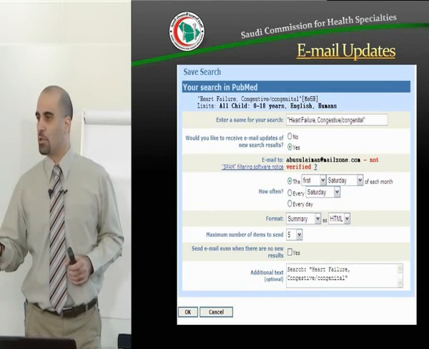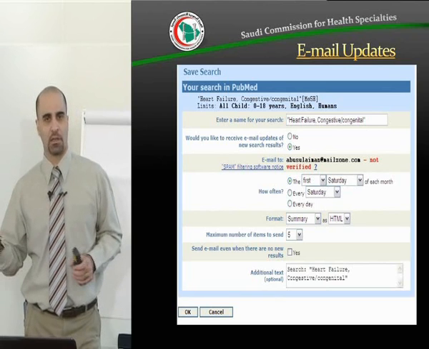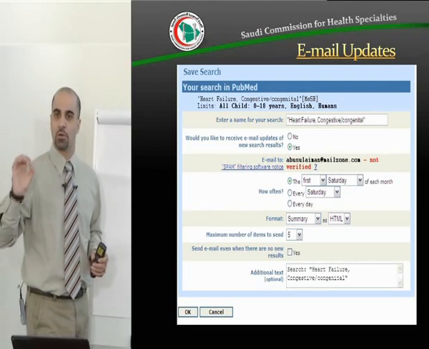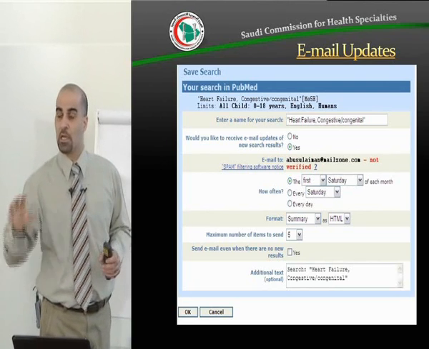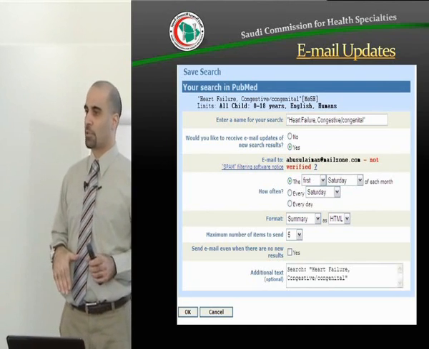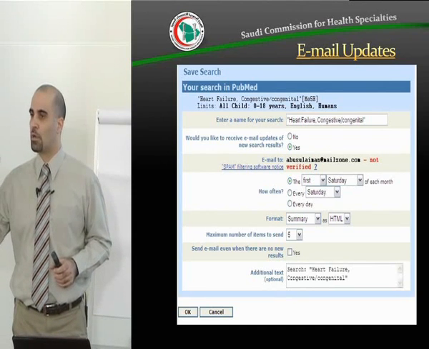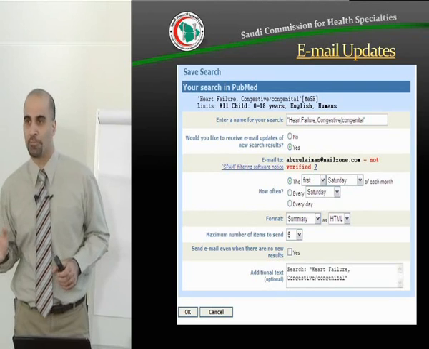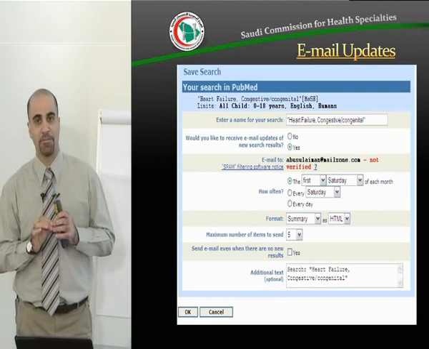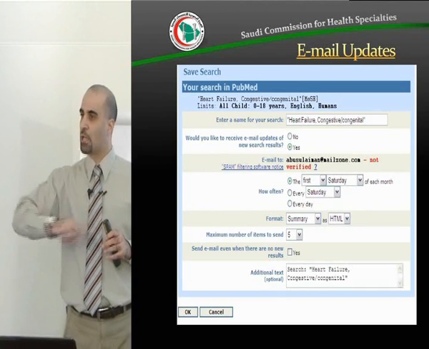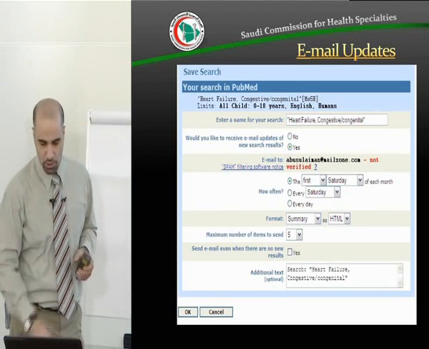So you'll create a username like any other thing, like Hotmail, like Gmail, like Yahoo, like anything else. You'll specify your login name and your password and so on, and you'll put your research interests, for example. You'll say, I'm interested in oncology or pharmacoepidemiology or whatever, and you can save your search. And whenever PubMed finds a new addition to your search, it will send you this link to your email.